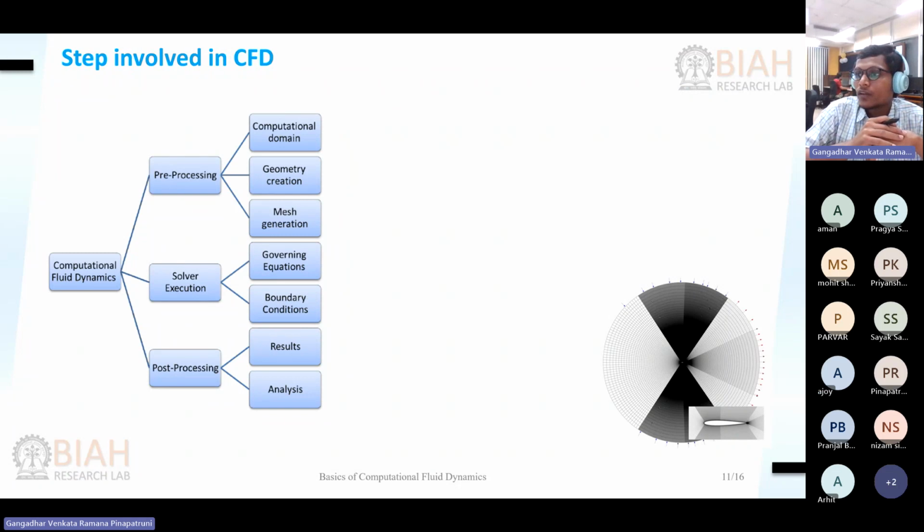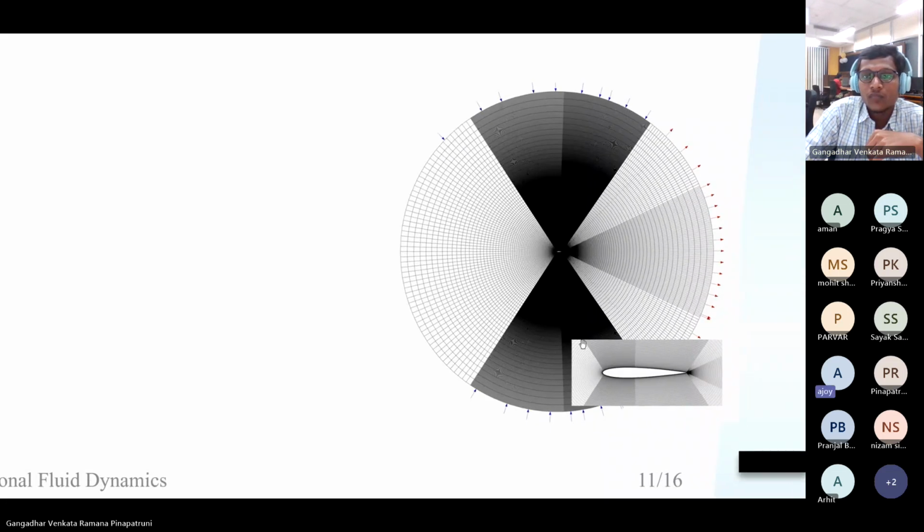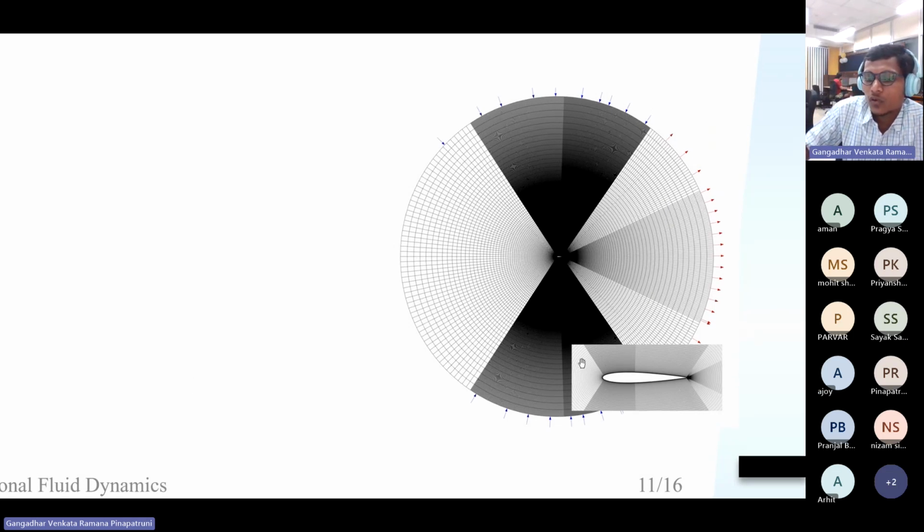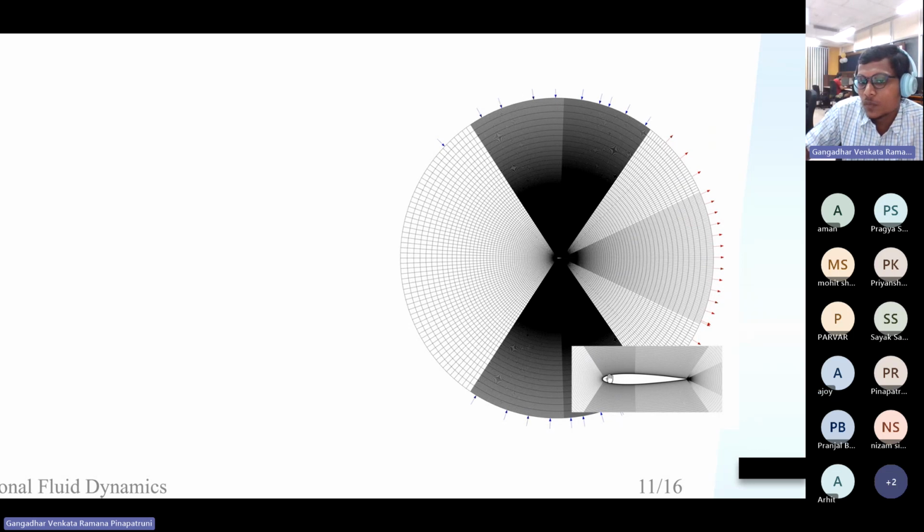This is where I started at the beginning, when I told you to please take note of all these things. As I said at first, you need to create a mesh around your aerofoil object. I'm taking some shape, and I don't want to confuse you with its name or details. It looks more or less like an ellipse, though I don't say it is a perfect ellipse.